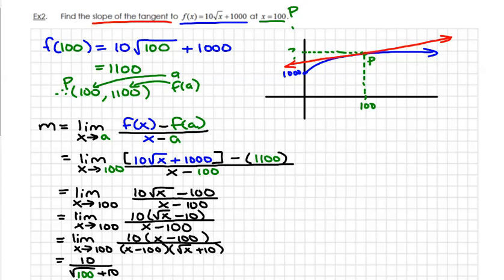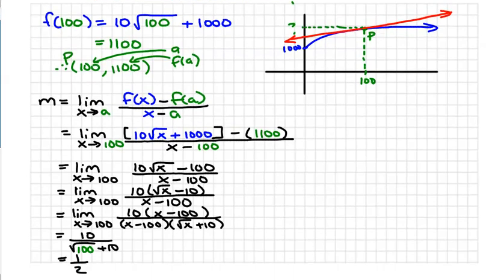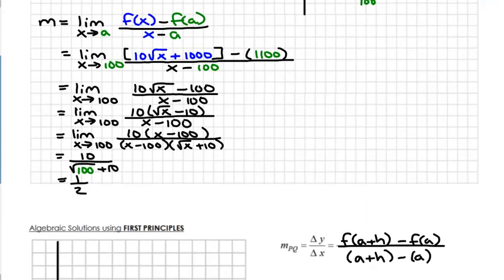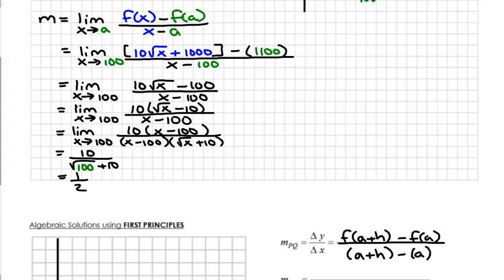Now your x is just going to be x, and this is going to be your f at x. Okay, so we're going to plug that all into the formula for the slope of the tangent, and we get something like this.